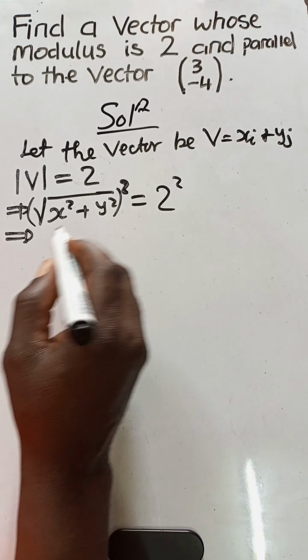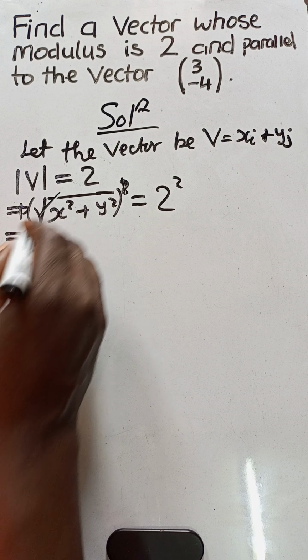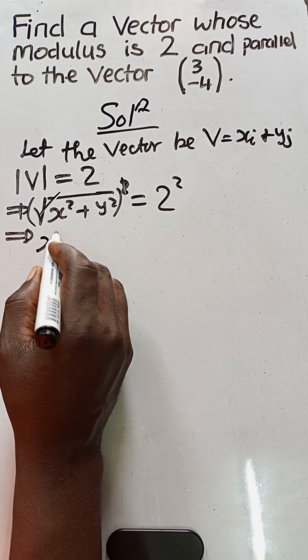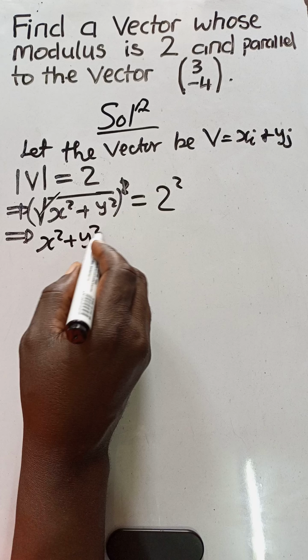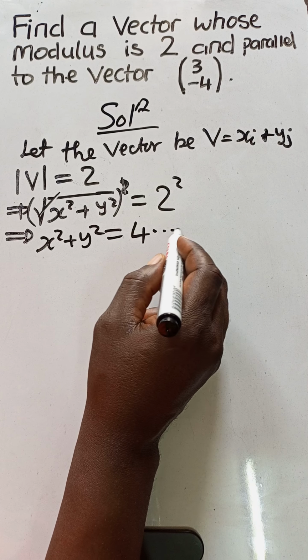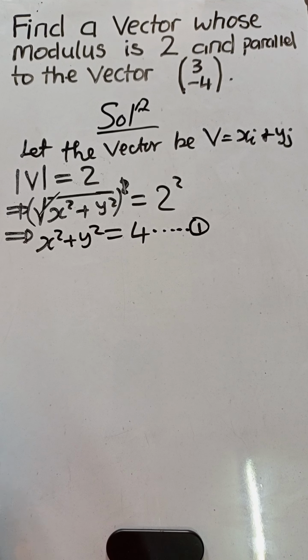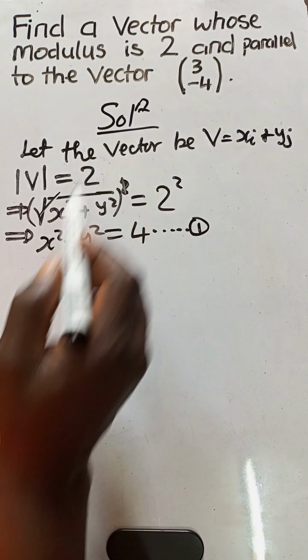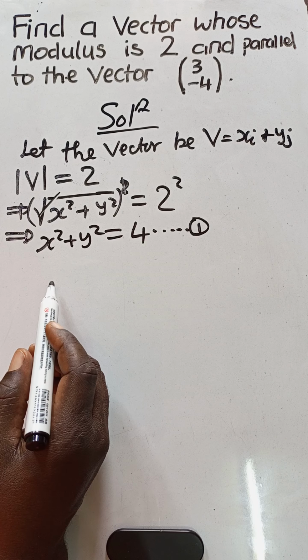So we square here, we square here. This square will cancel the square root. We have x squared plus y squared is equal to 2 squared, which is 4. We can call this equation 1. So our first piece of information has given us this equation.